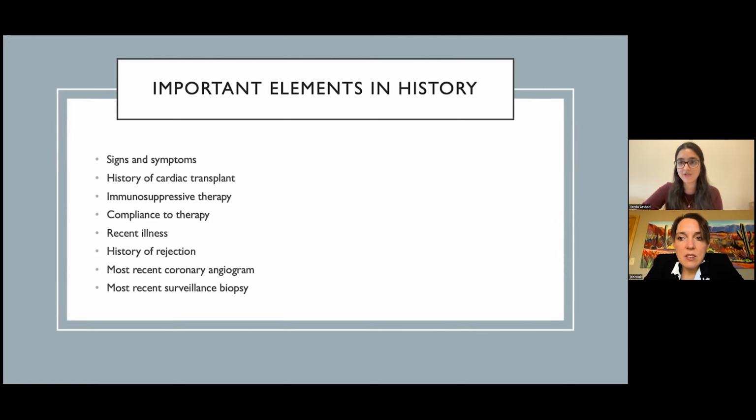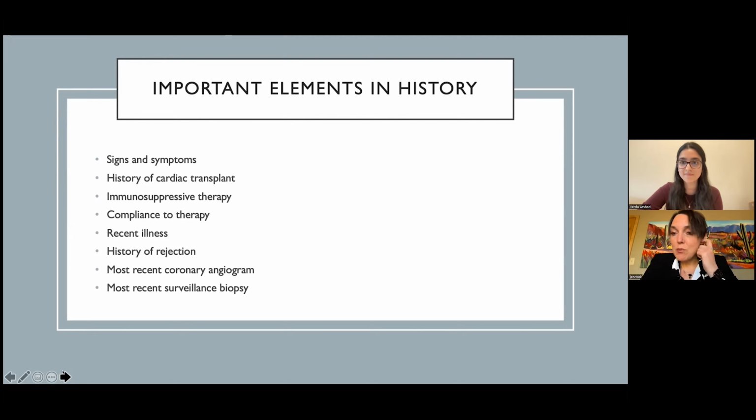Their history of cardiac transplant, what kind of immunosuppressive therapy they're on. Most commonly, patients are going to be on Tacro. Compliance to therapy is very important, because if for any reason they haven't taken their medication, that puts them at a higher risk for rejection. Any recent illness, a history of rejection if they've had any in the past, what their most recent coronary angiogram showed, and what their most recent surveillance biopsy showed. These are the important things to know about when a patient comes in initially.